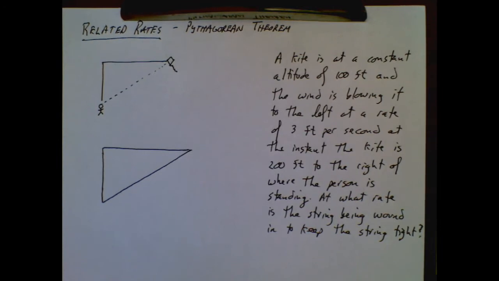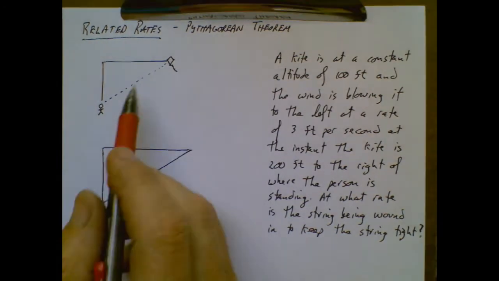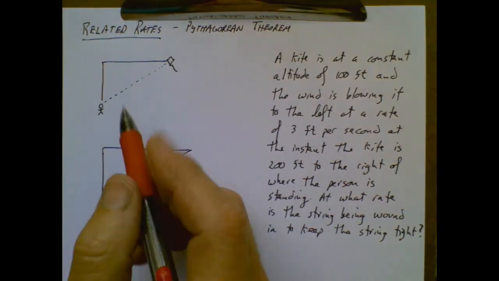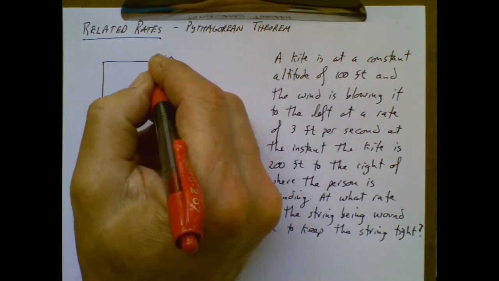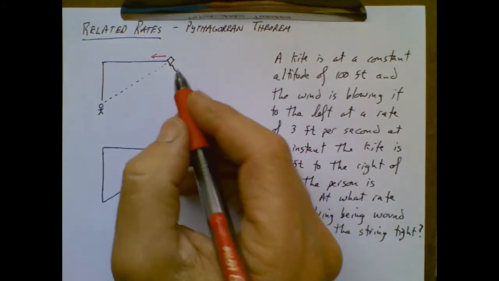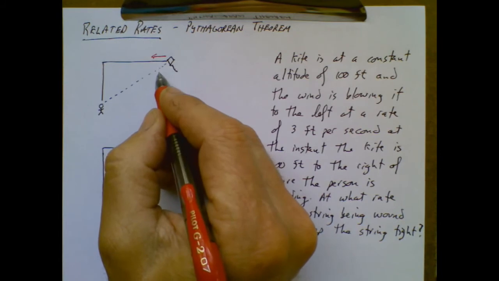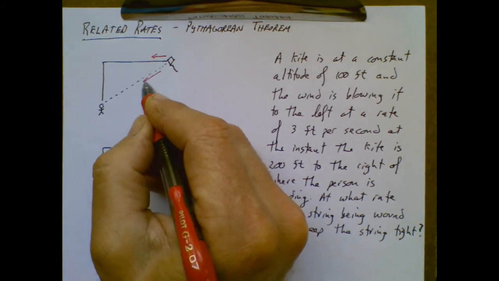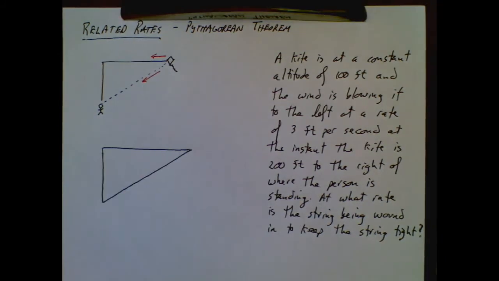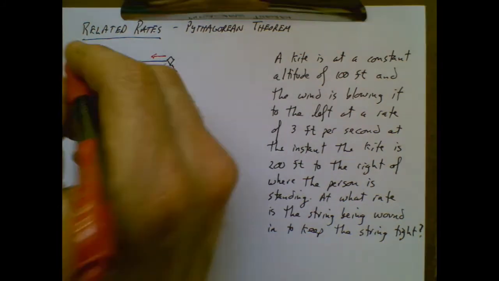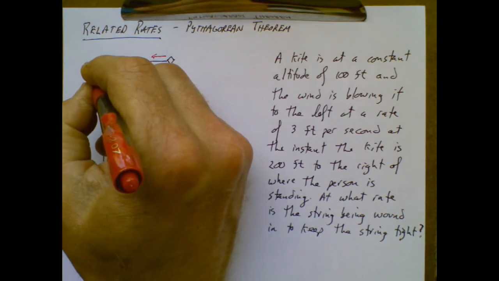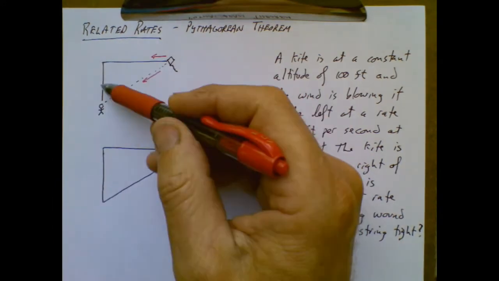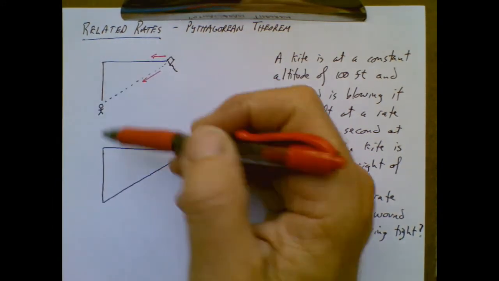Okay, so a lot of information there. Basically, what's happening is the wind is blowing the kite that way, and the person wants to keep tension on the string, so they're going to have to wind the string that way. And it also says the kite is maintaining a constant height, so that means it's not really going up or down.